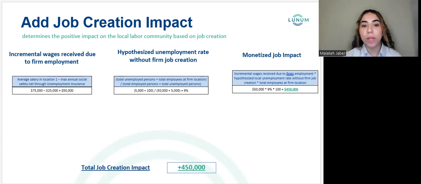Our final step is to calculate the monetized job impact. So we take the incremental wages received due to the firm's employment that we just previously calculated in the first step, that $50,000, and we multiply that by the hypothesized unemployment rate we just calculated, that 9%. We then multiply that by the number of total employees at the firm. For company ABC, that's 100 employees.